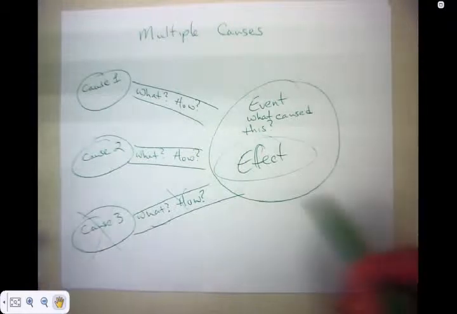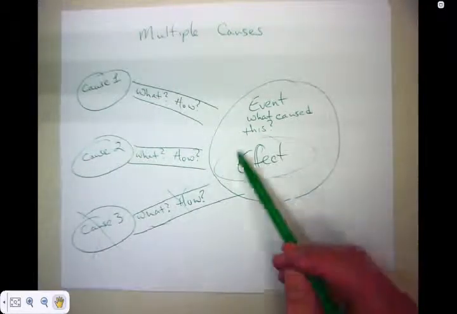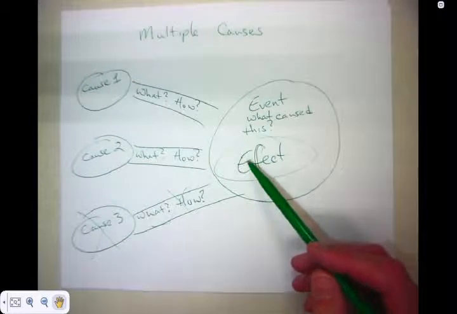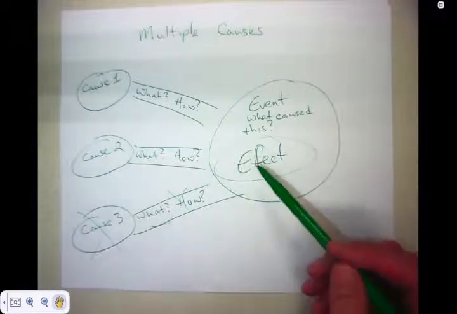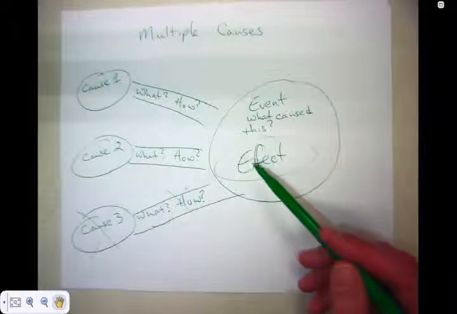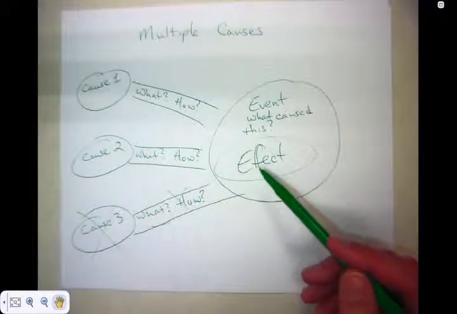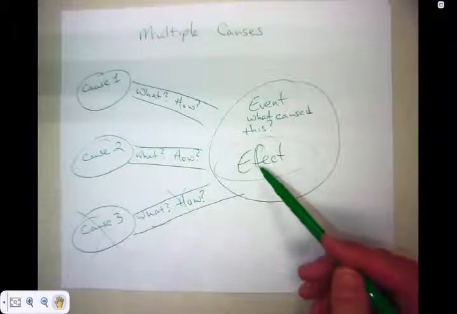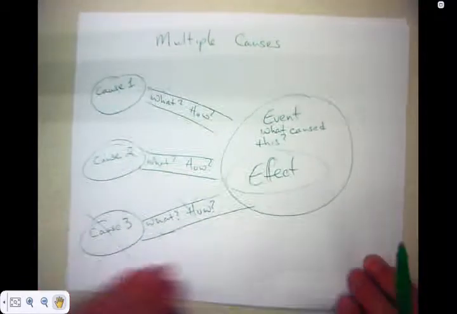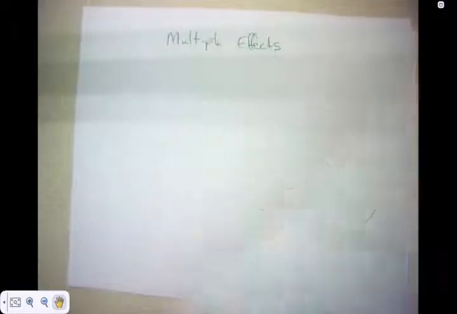So again, I can't give you this and say, okay, find 3 causes. Now, in some assessments in this class, I will give you one and say there are 3 causes here and I want you to find them, but that would only be in a testing environment. That wouldn't be in a real life reading environment that we would naturally do. So again, that's the multiple causes type of scenario.